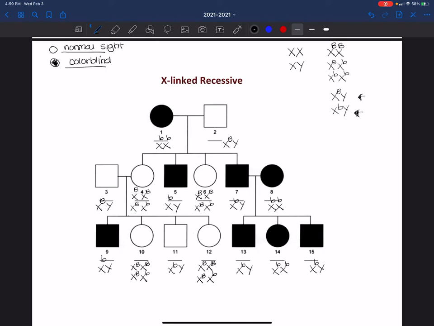Okay, so I'm going to look and see which of those genotypes I can eliminate.